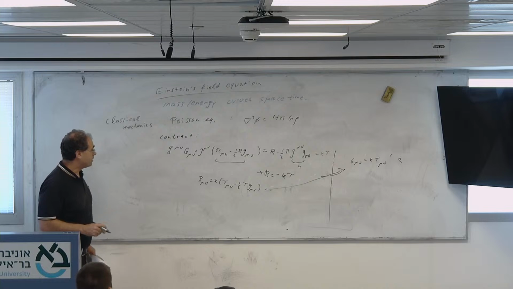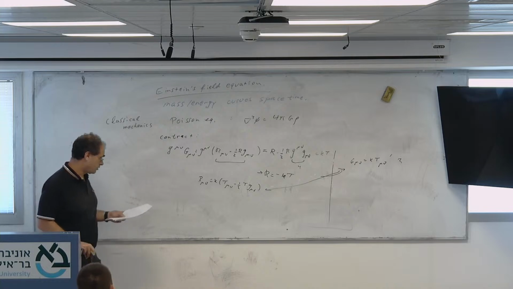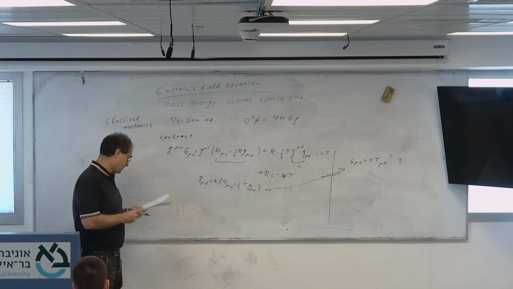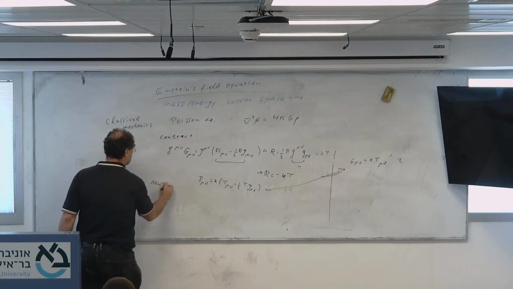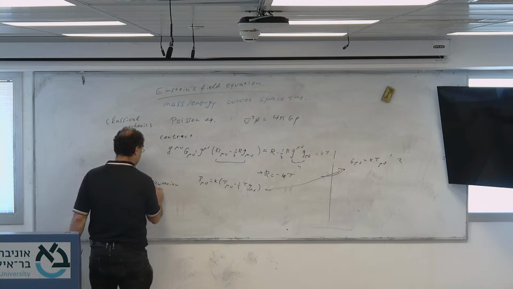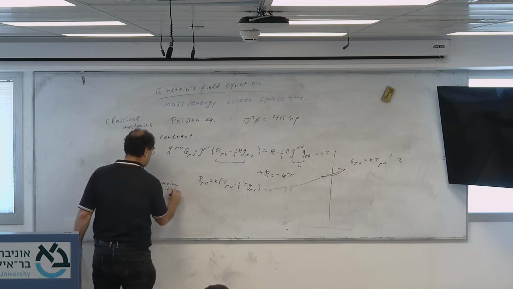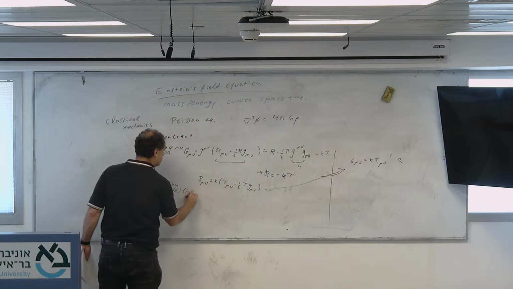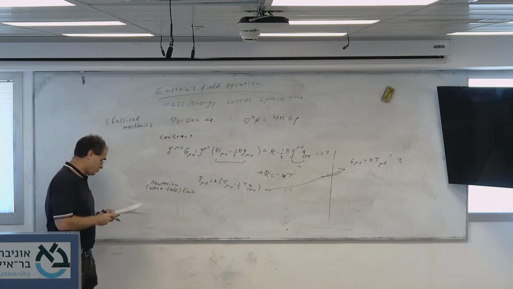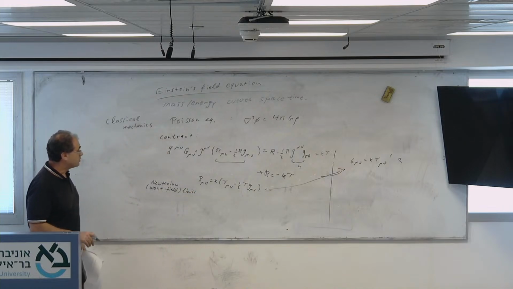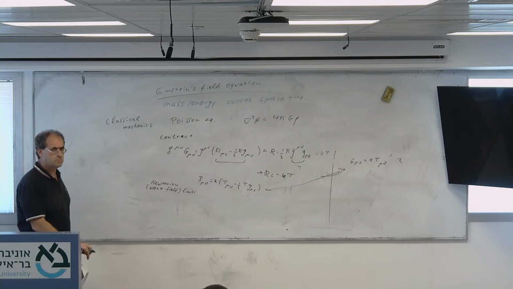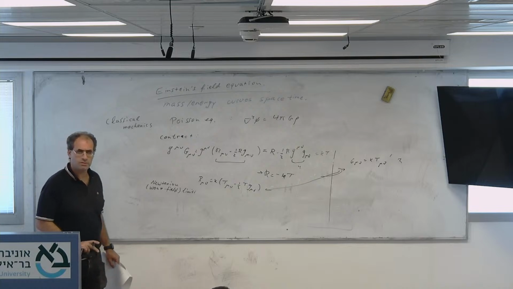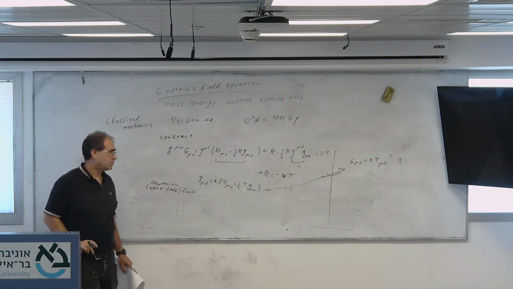Now we want to see if we get back the Newtonian limit. So, Newtonian weak field limit. What is rho? Mass density. What is rho? T00, right?